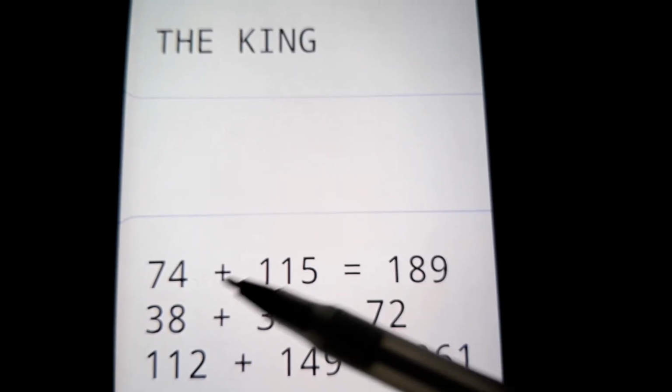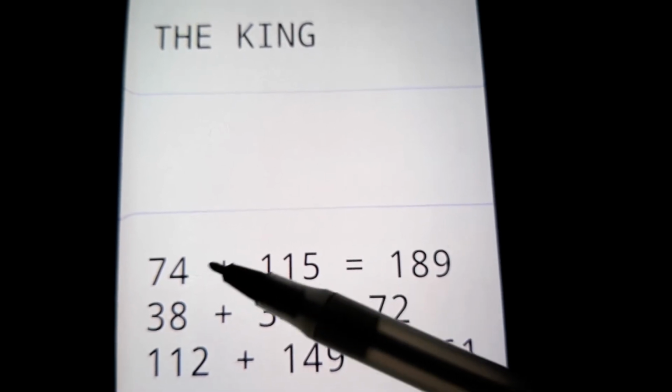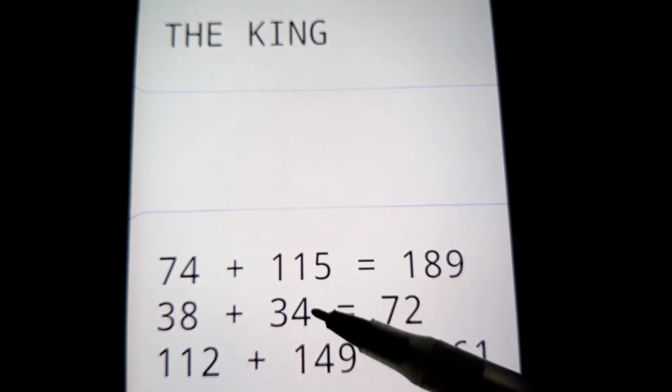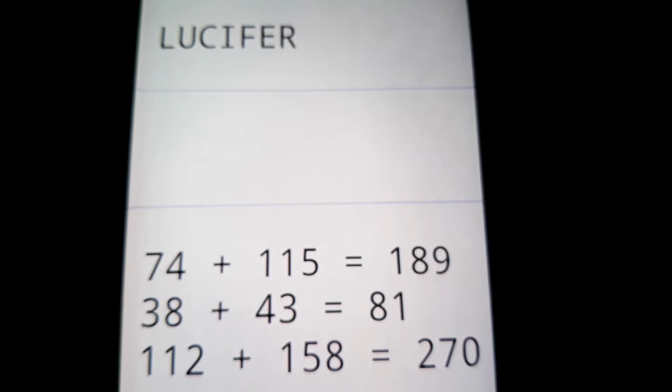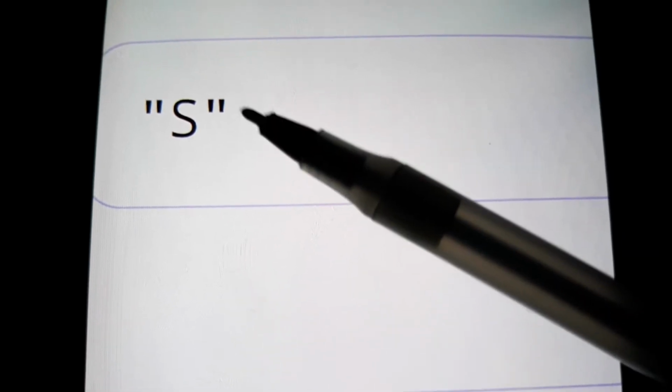These are the only four numbers you need to look at. These are just totals. So Lucifer is 74, 38, 115, 43. This is 34 for the king. And Elvis was known as the king. Like I said, it's almost the exact same as Lucifer. And now I'm going to show you how important the S is and how it's connected to Elvis. Watch this.